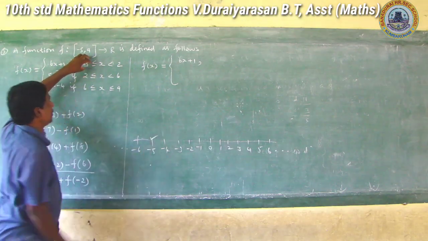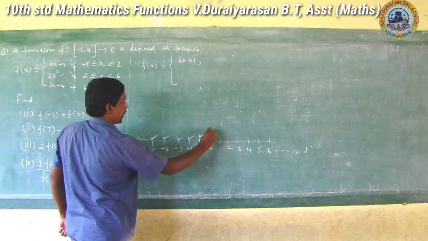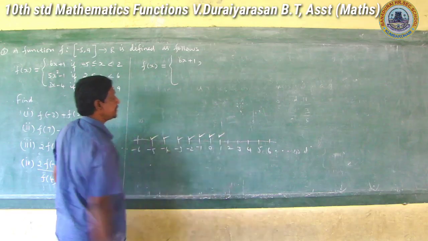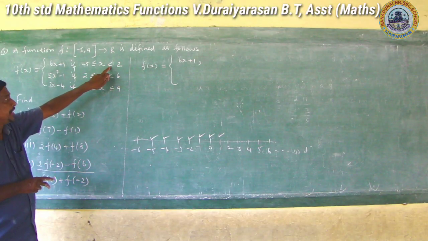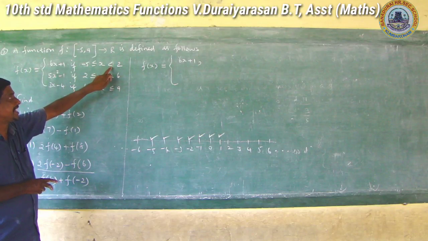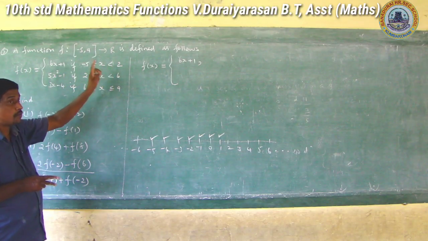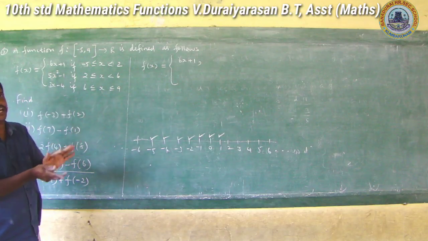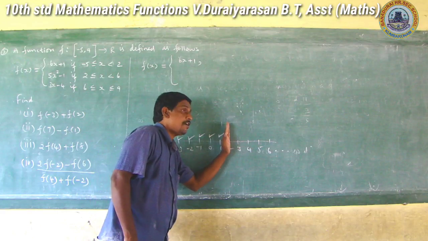So minus 5, minus 4, minus 3, minus 2, minus 1, 0, 1. Including 2 or not? No. Why? Because it is only less than 2, not less than or equal to 2. Only less than 2 means the left side of 2.